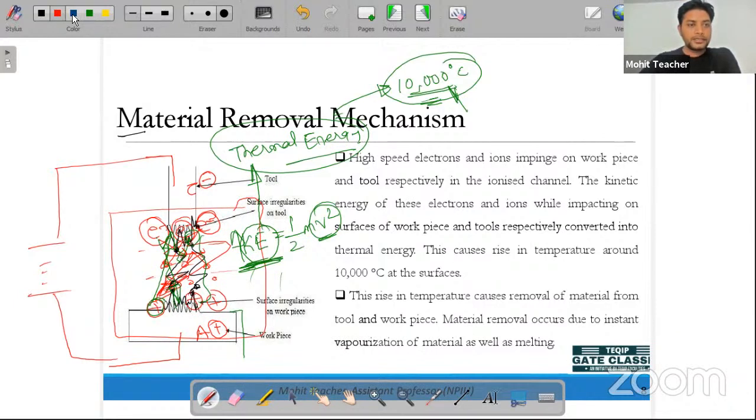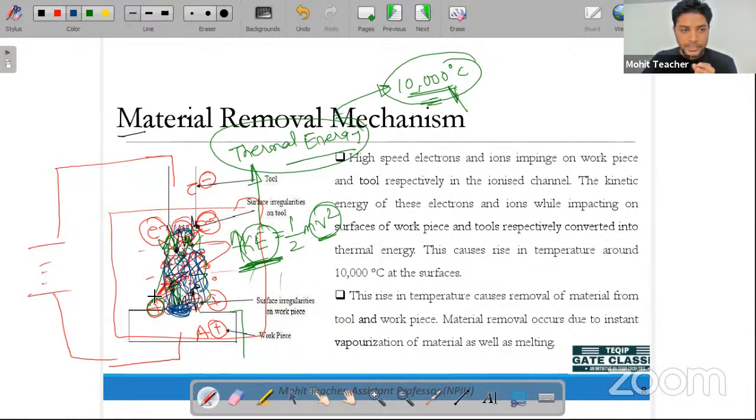The material is removed from the cathode side as well as from the workpiece area, so that will basically settle in between the gap. Or wherever the material is removed from the workpiece, that will sediment over there. As we are continuously supplying the current, the ionized plasma is formed.